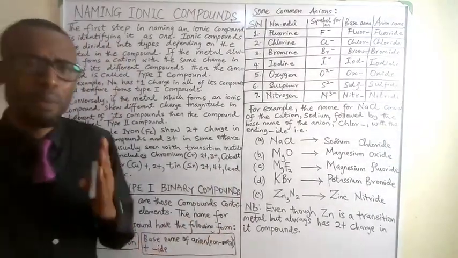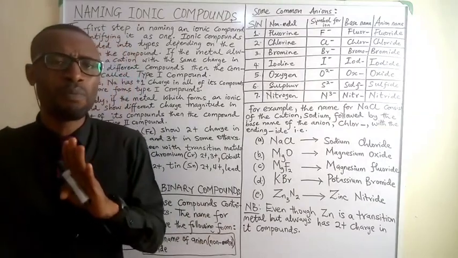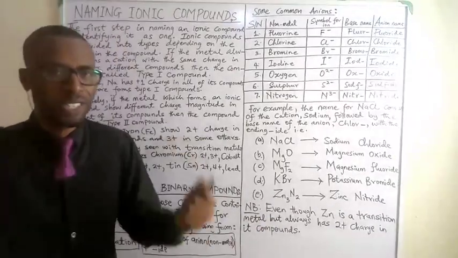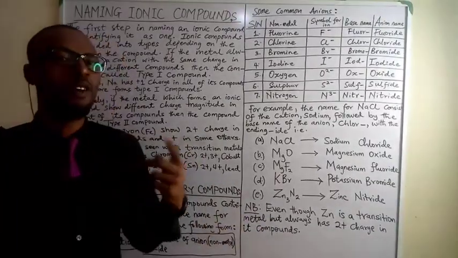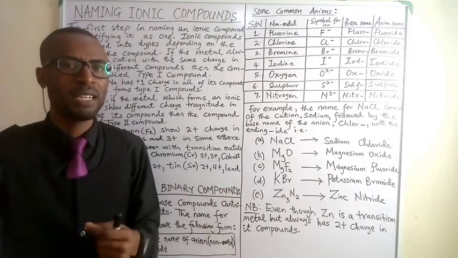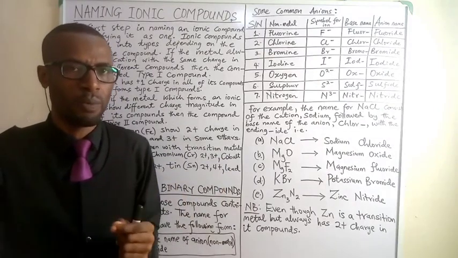Remember I told you that all compounds are molecules, but not all molecules are compounds. Oxygen gas and nitrogen gas are molecules, but they are not compounds. Sodium chloride is an ionic compound.